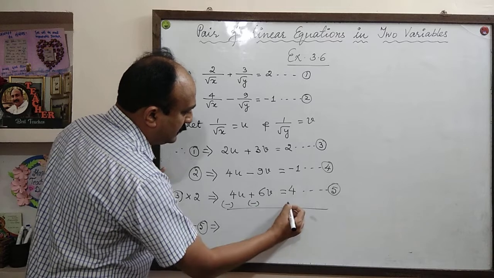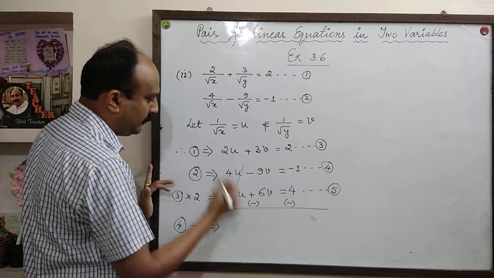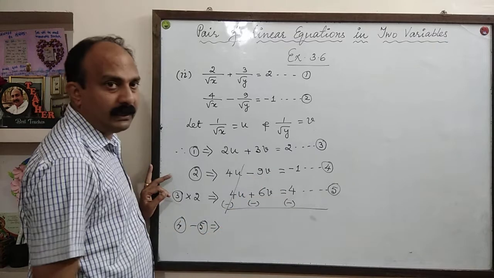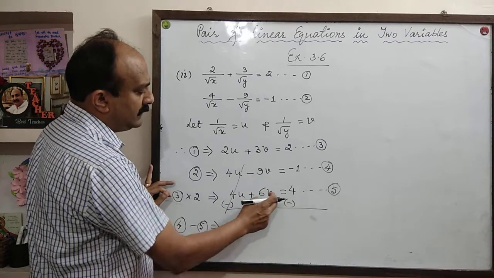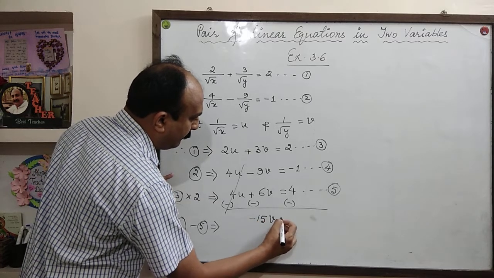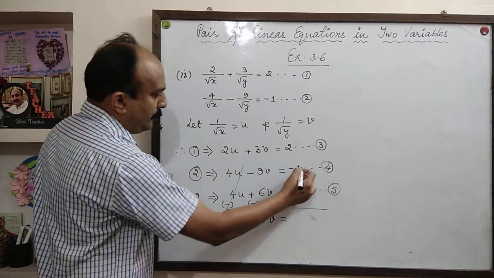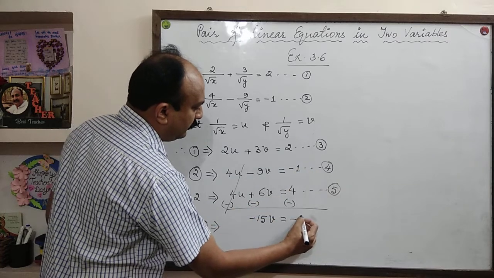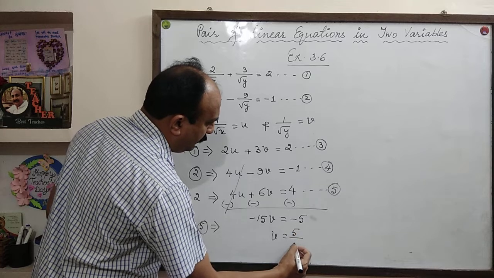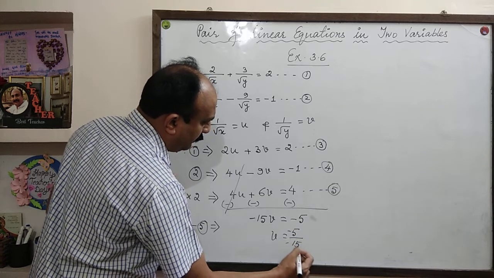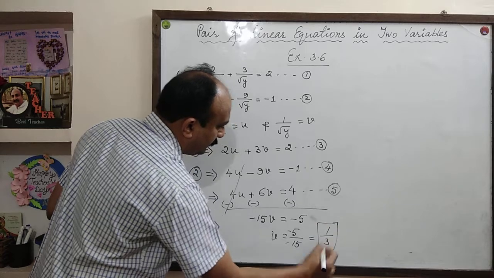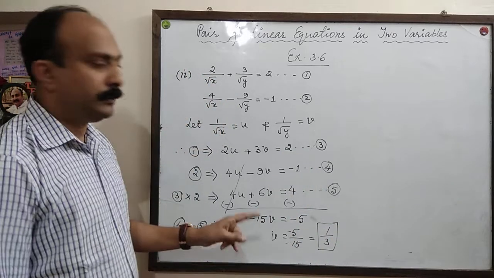Minus, minus, minus. 4u minus 4u cancel. Minus 9v minus 6v equal to minus 15v. Minus 1 minus 4 is minus 5. V is equal to 5 upon 15, or minus 5 upon minus 15, is equal to 1 upon 3. We got v is equal to 1 upon 3.